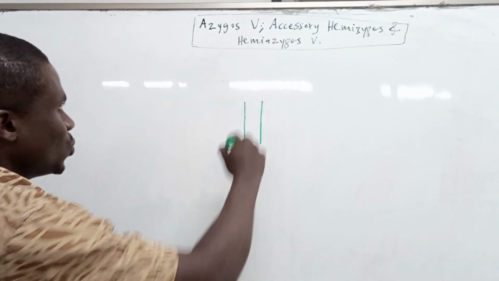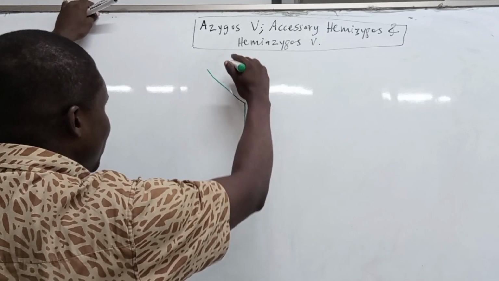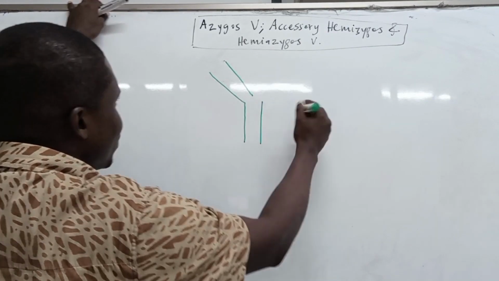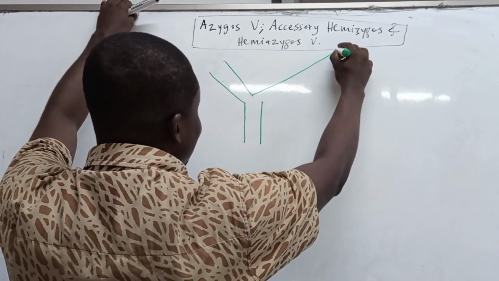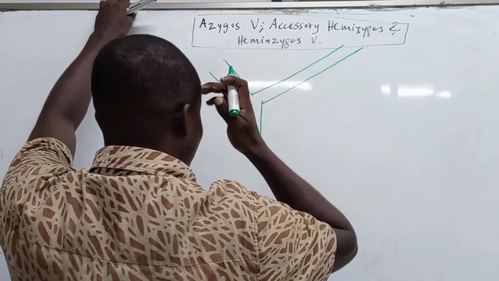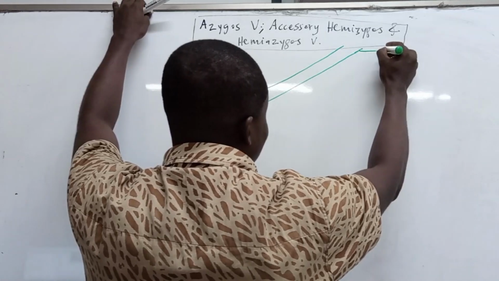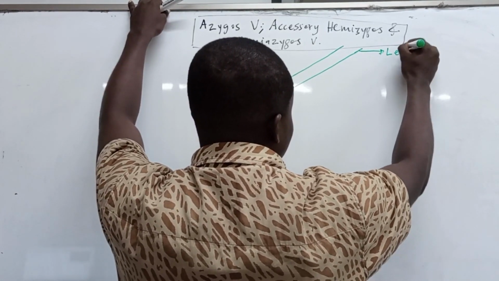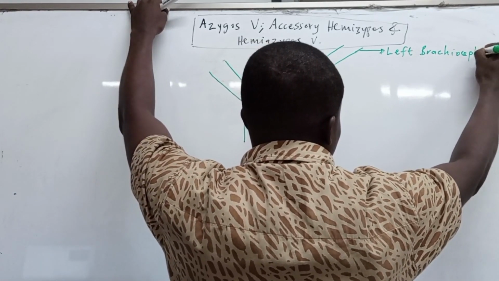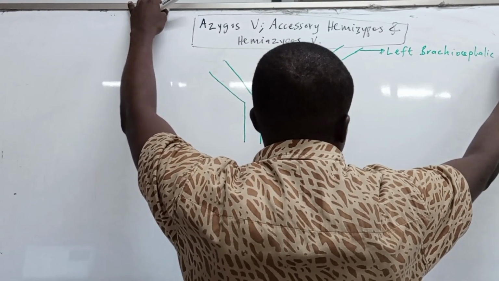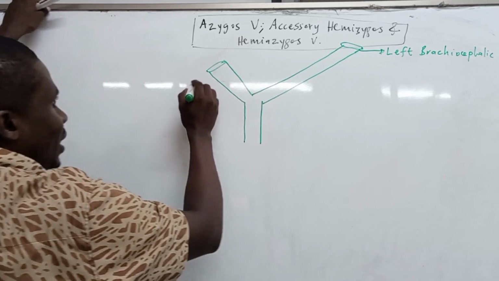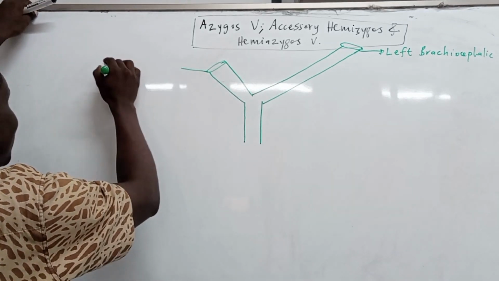The formative tributaries of the superior vena cava are the right brachiocephalic vein, and then the longer, obliquely placed left brachiocephalic vein. So this is my left brachiocephalic vein, and the opposite one over here is the right brachiocephalic vein.